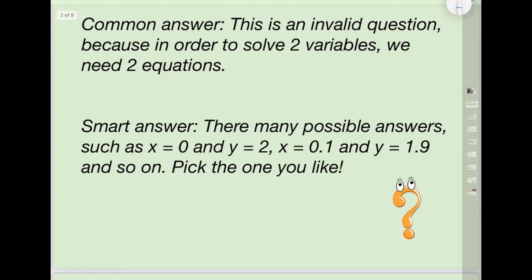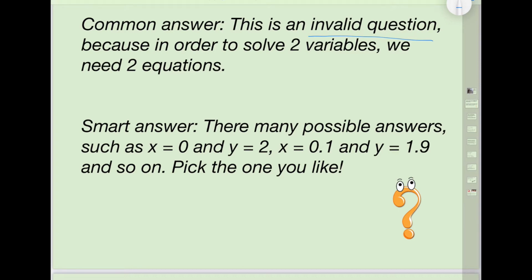So I expect there are two common answers. Number one, students who follow strictly conventional mathematics will say this is an invalid question because we need two equations to solve two variables.